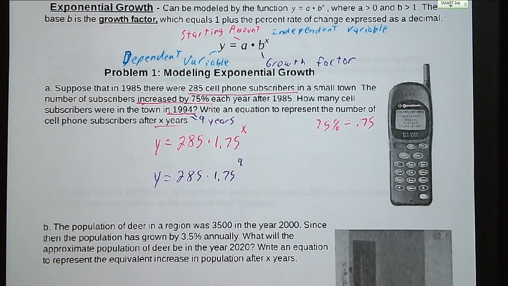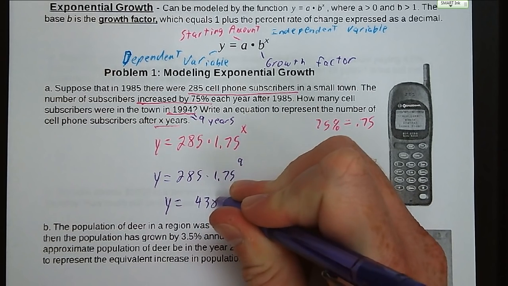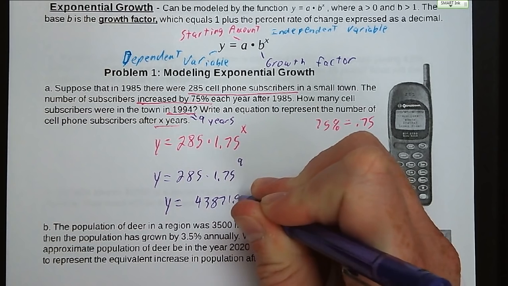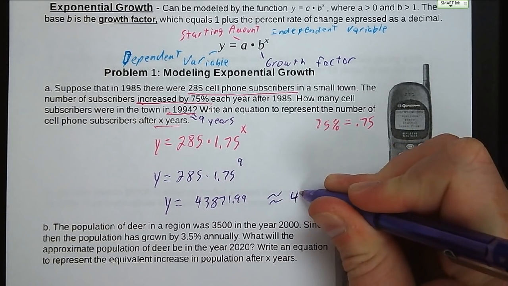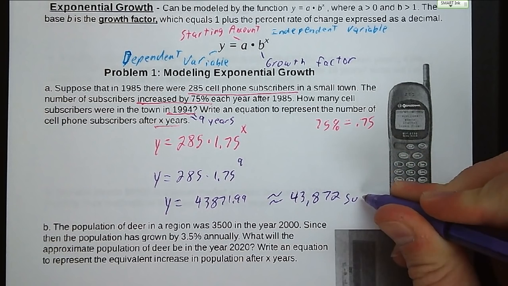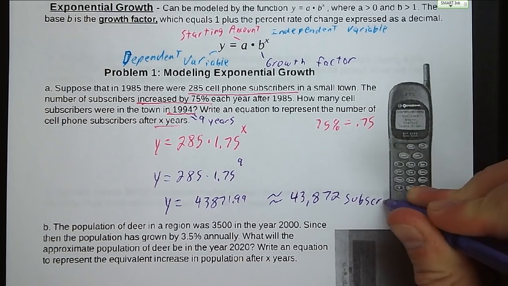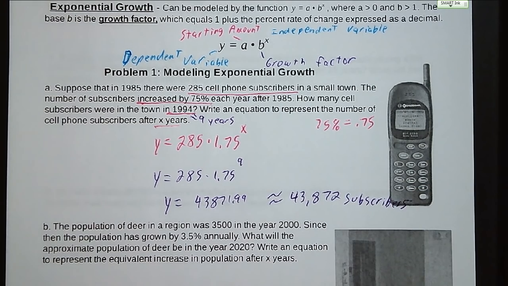And you just type that into your calculator, and you get y is equal to 43871.99, or approximately 43,872 subscribers. Okay, so that's approximately how many there would be after 9 years.